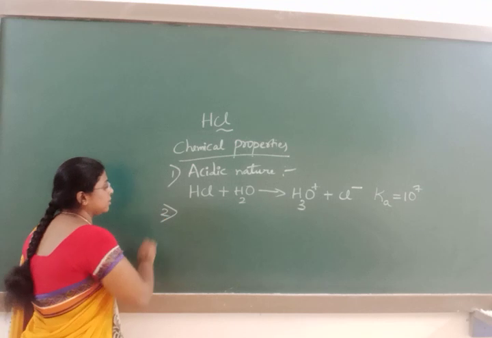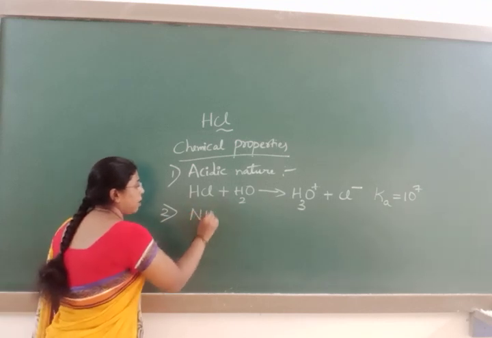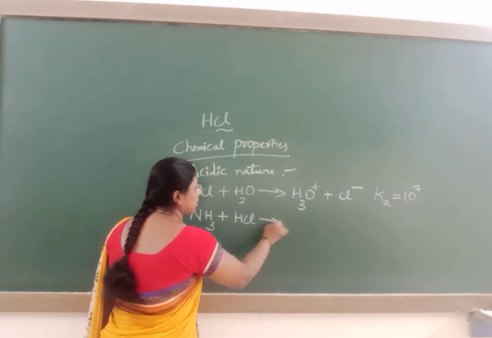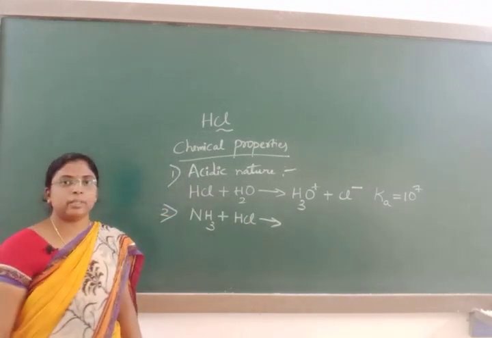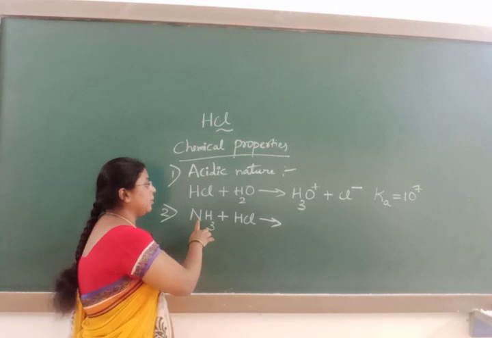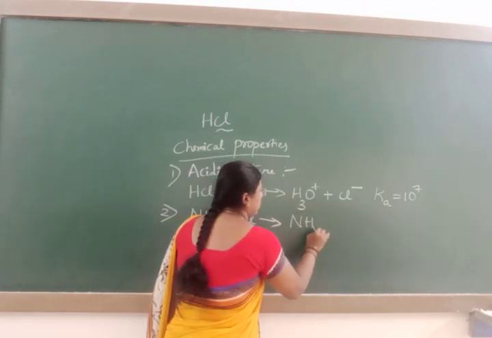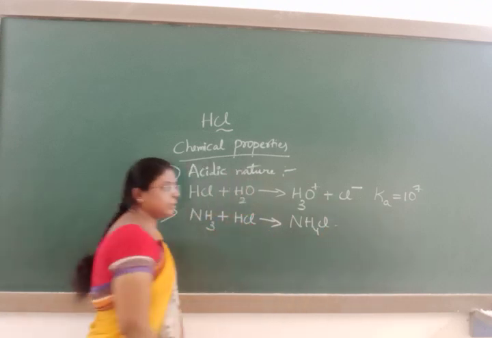Next comes the second one. When ammonia reacts with hydrochloric acid, you get white dense fumes of ammonium chloride, that is NH4Cl. Ammonium chloride has white dense fumes.